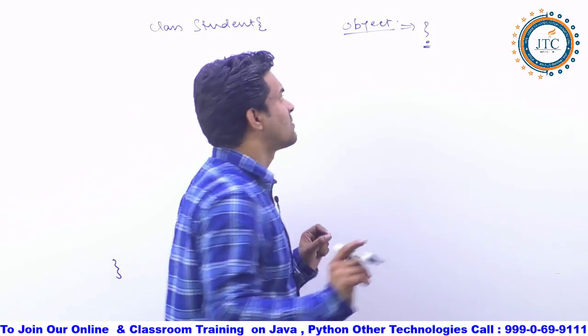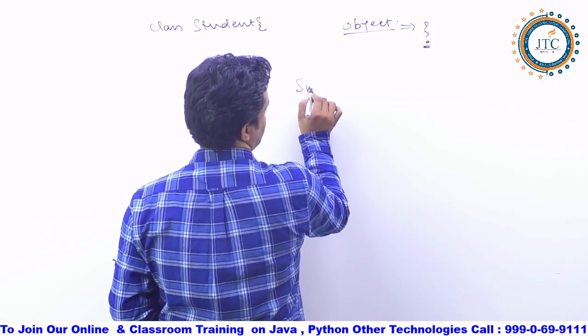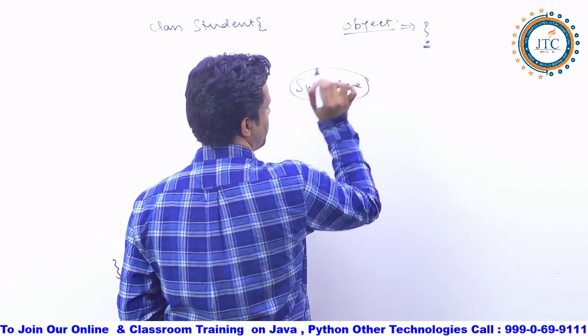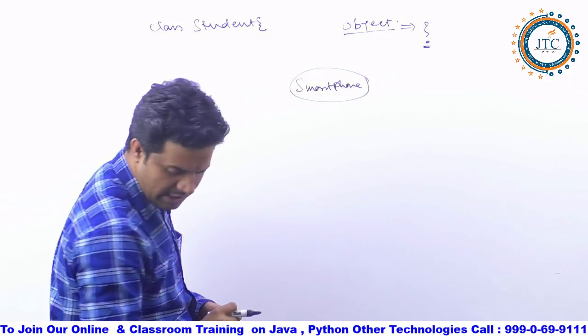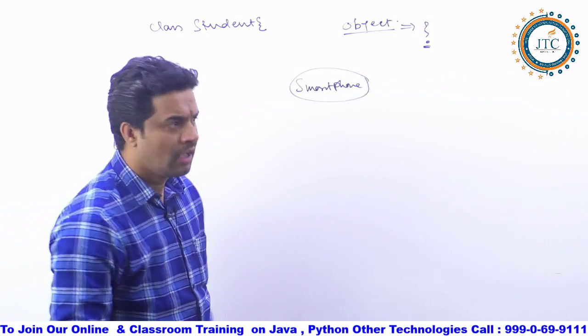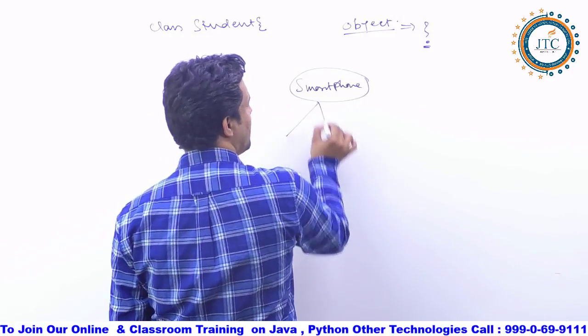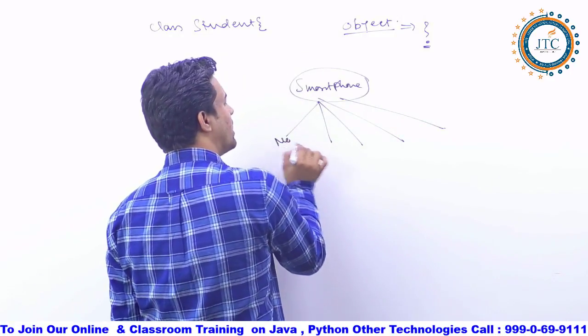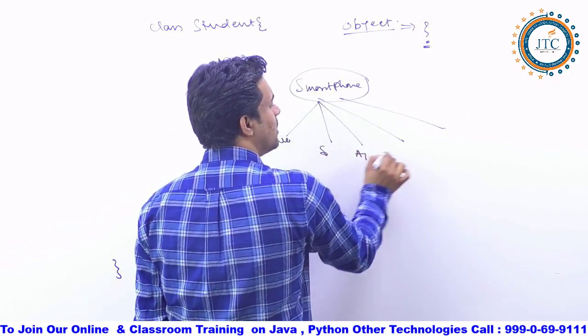See, let's consider a smartphone. Smartphone is one class, and there are n number of smartphones available: Nokia, Samsung, Apple, MI.